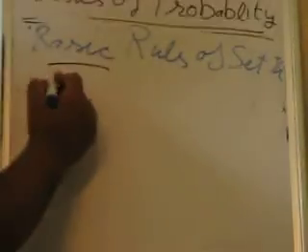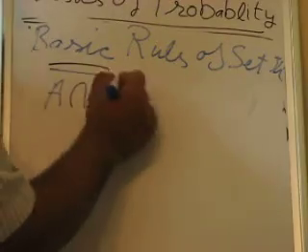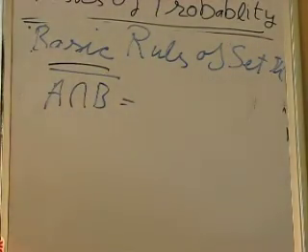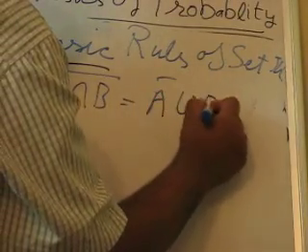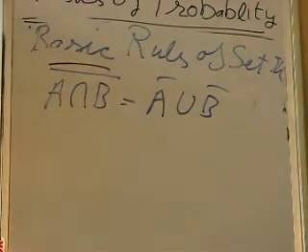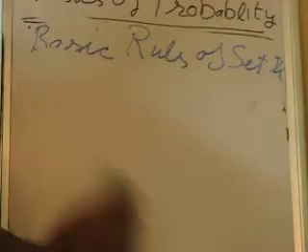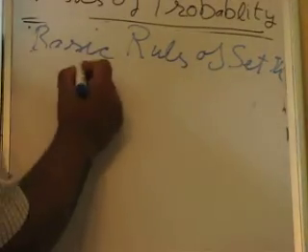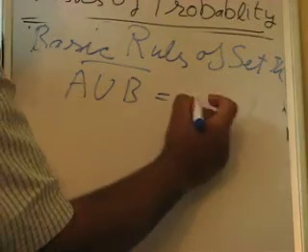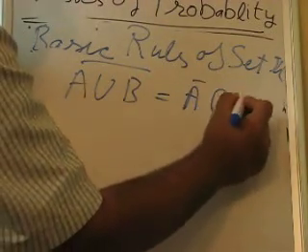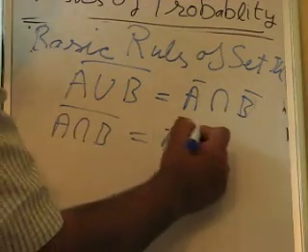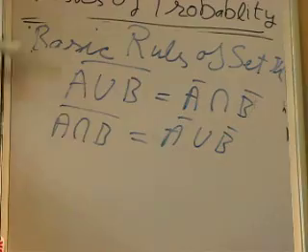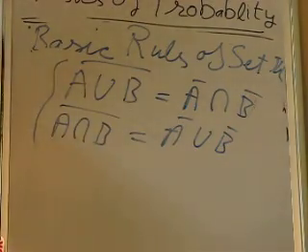If you take the complement of A intersection B, it will be the union of the complements, A bar union B bar. This again can be proved using a Venn diagram. These two are De Morgan's laws. I'll state once again: the complement of A union B is equal to A complement intersection B complement, and the complement of A intersection B is A complement union B complement. This is referred to as De Morgan's law.